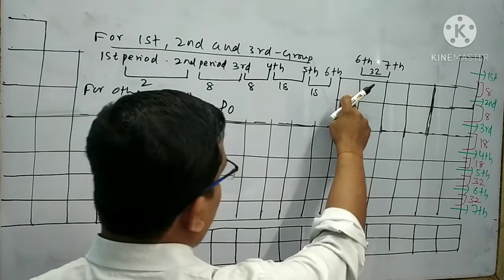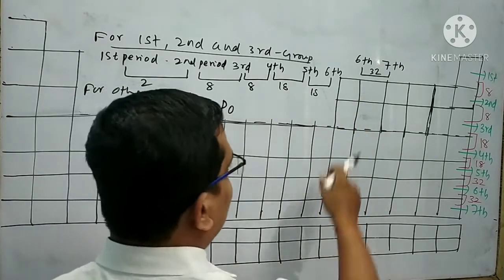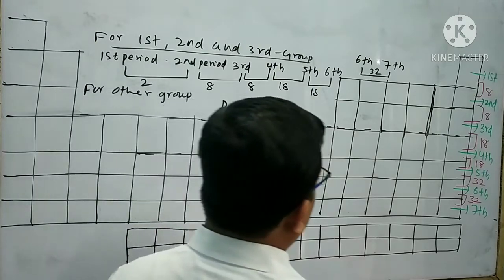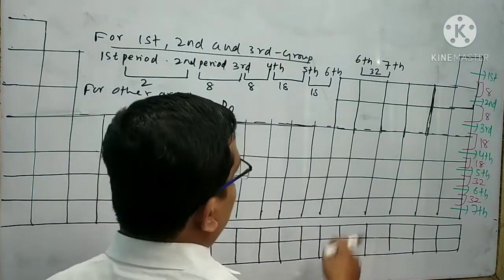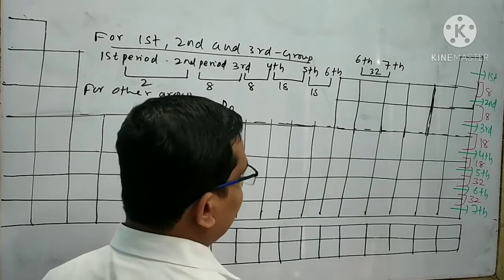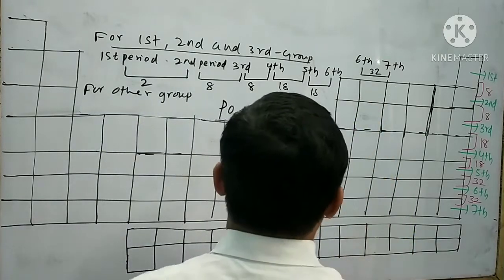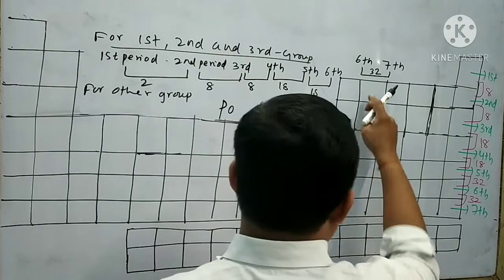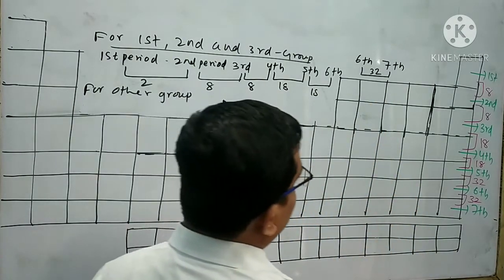This is your group 13 element. For remembering group 13 elements, generally we use a short trick, that is Bal Gangadhar Indian Tilak. For group 14 elements, we generally use: chemistry sir gives short problem.